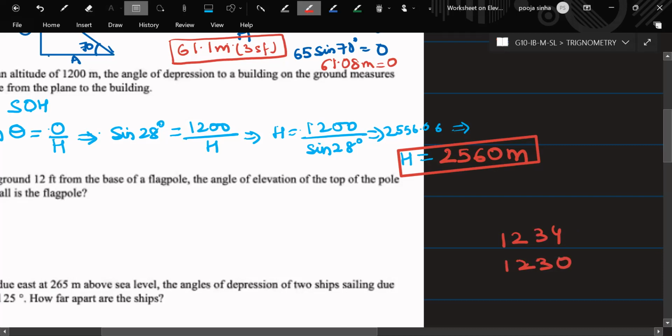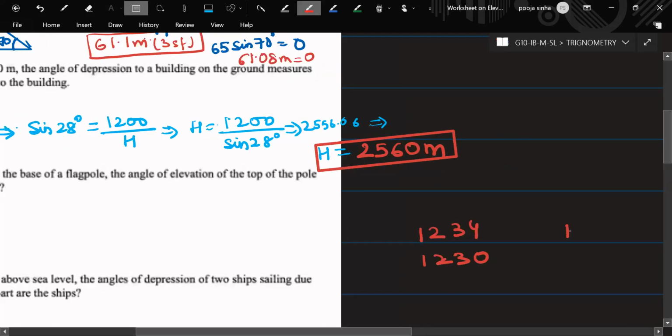Had it been 1235, then it would become 1240, because the last digit is 5. So you just round the last numbers up or down.